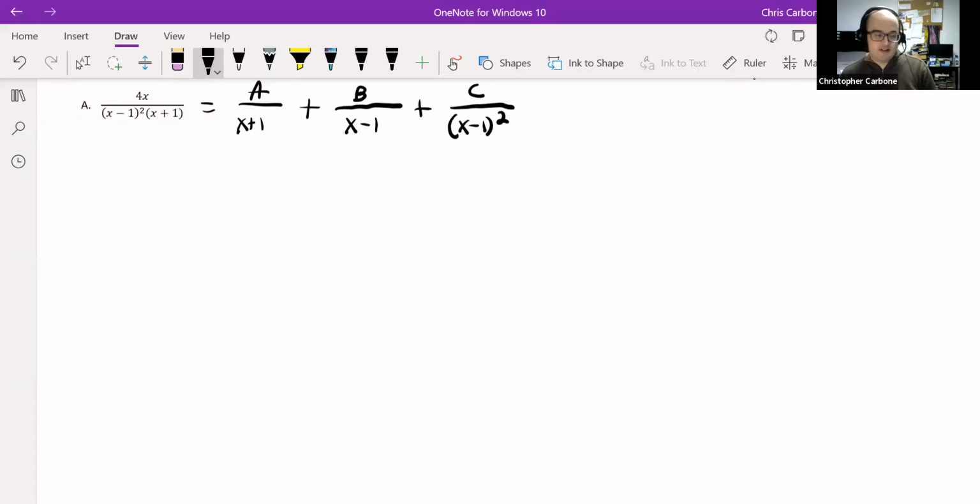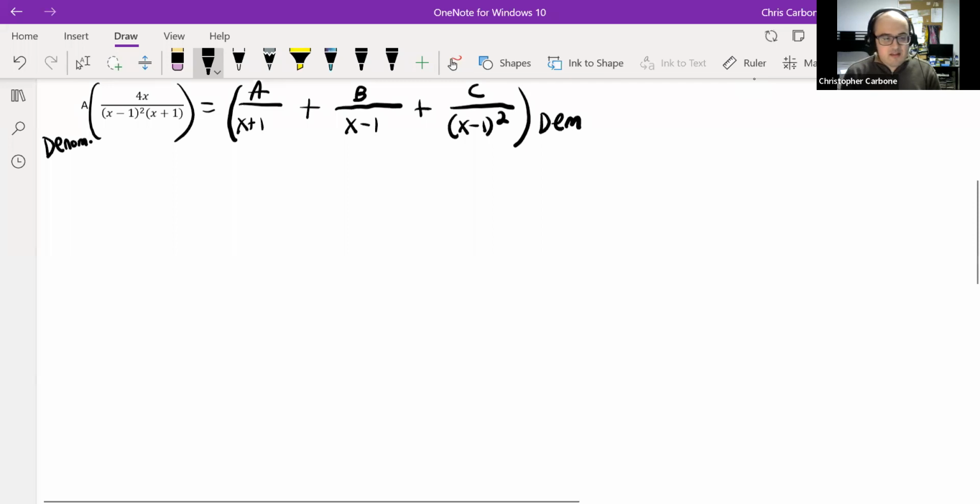And now we're going to multiply through by this denominator. Again, I'm just going to write "denominator" to signify that's what we're multiplying by, since it's kind of long, and I don't want to completely waste space to put that all on there.